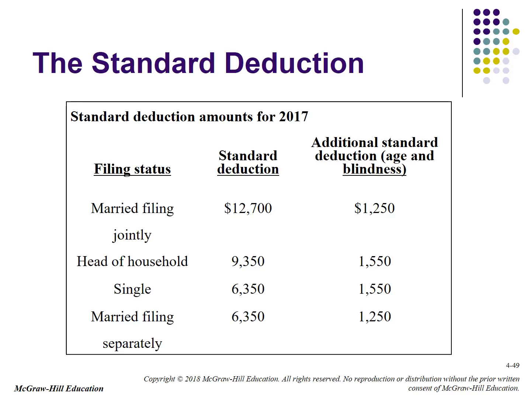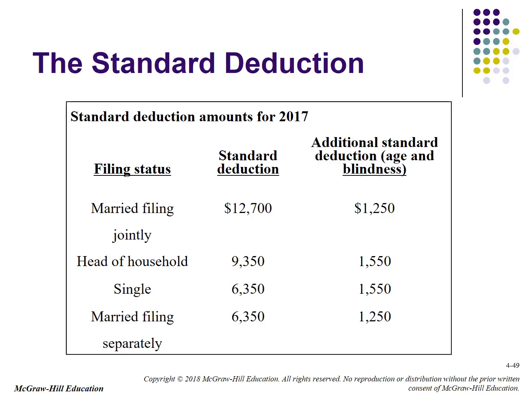The other thing you want to be careful of is if someone can be claimed as a dependent on someone else's tax return, their standard deductions do not follow this table. The assumption here is that the taxpayer who's going to claim the standard deduction can claim themselves on their tax return. For those who can't claim themselves, we follow the rules at the bottom of the page.